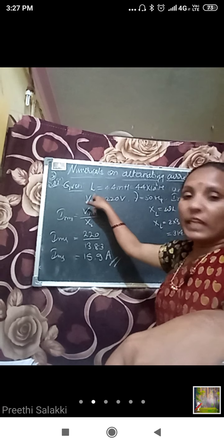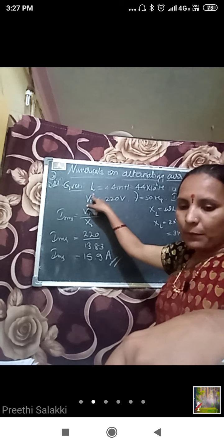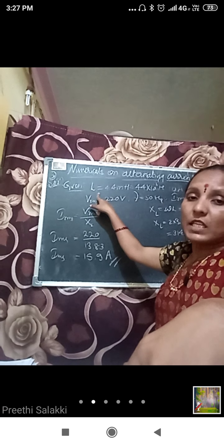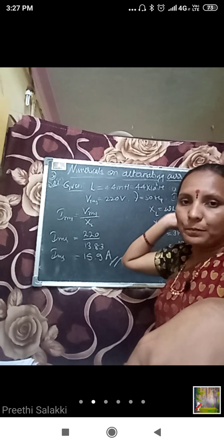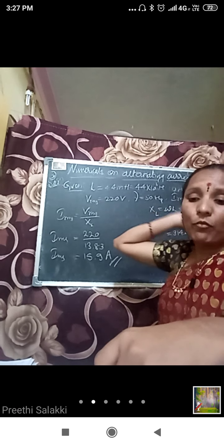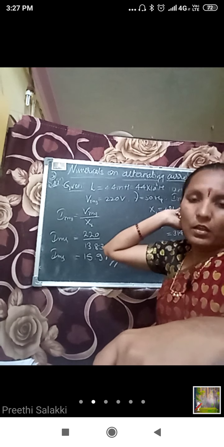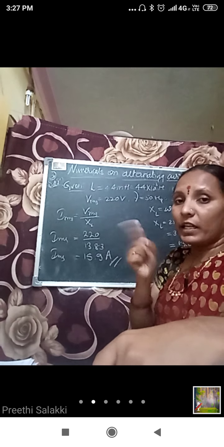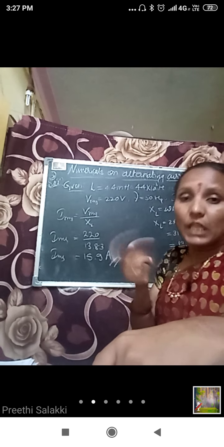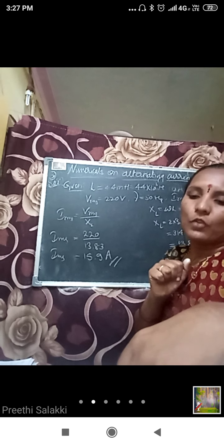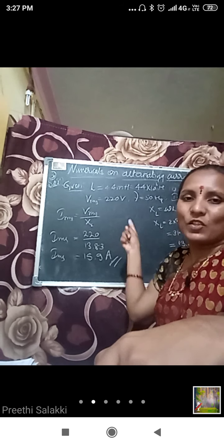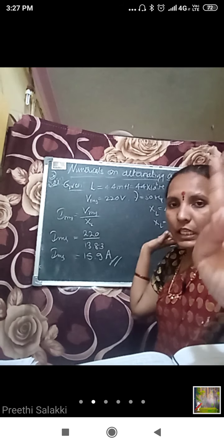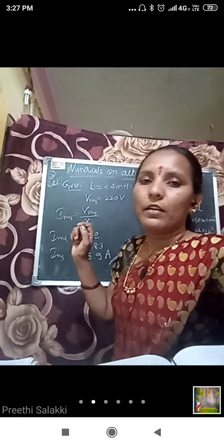In case of inductor, now capacitor is given, C. It is 60 microfarad, 60 into 10 to the power minus 6 farad. 110 volt, 60 hertz. 110 is VRMS given here. 60 hertz is the frequency given here. So find out the RMS value of current, the same question. Instead of XL, we are using XC. Is it clear? I hope you will do it.